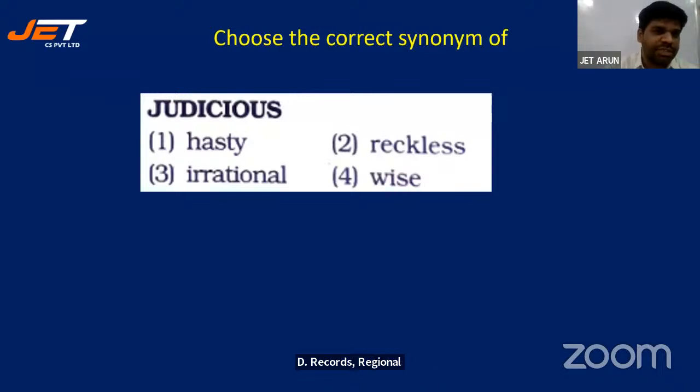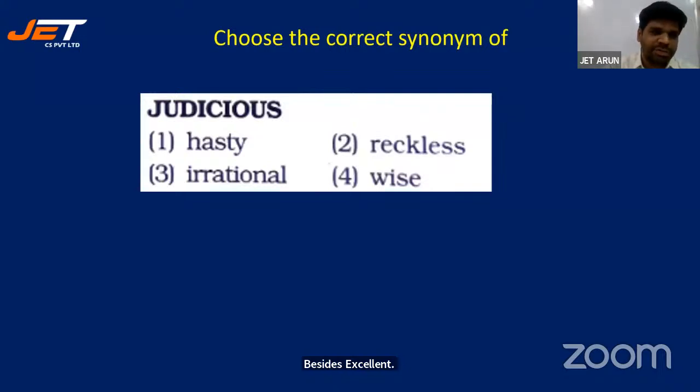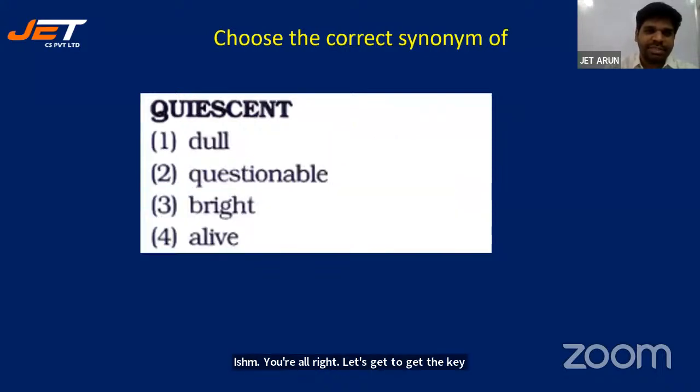Okay, Kumari says wise, Reshma, Gayatri, fine, Rakesh, Malesh, Saivardhan, Manasa, Prasad. Excellent. Monica, Agnivesh, Reshma. You're all right. Let's look at the key students. Wise is absolutely right. Here's the next one.